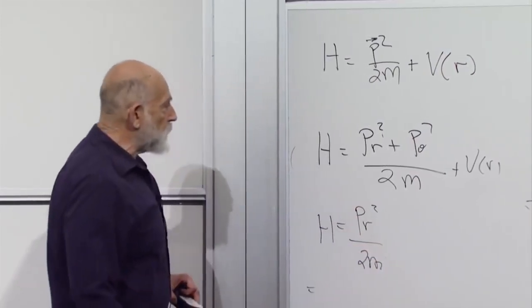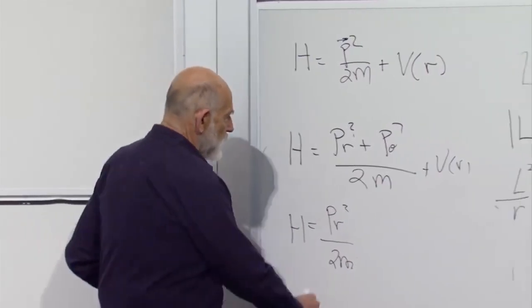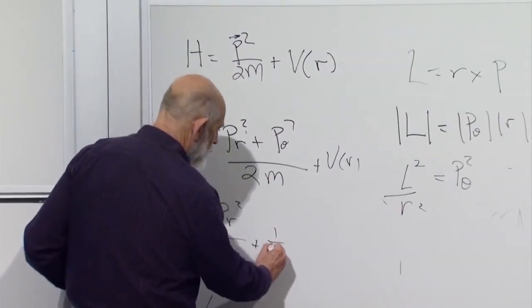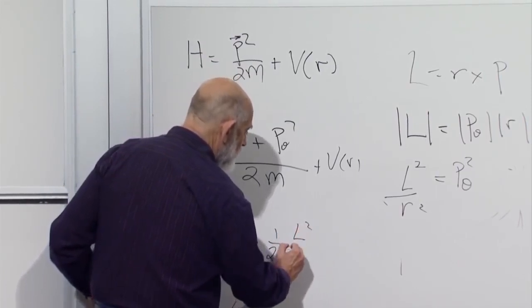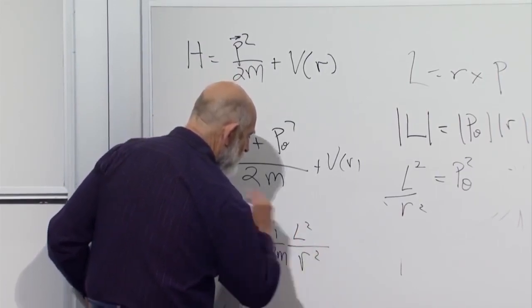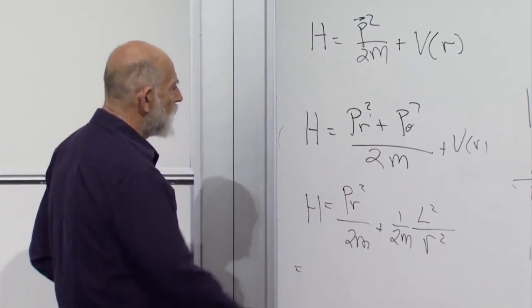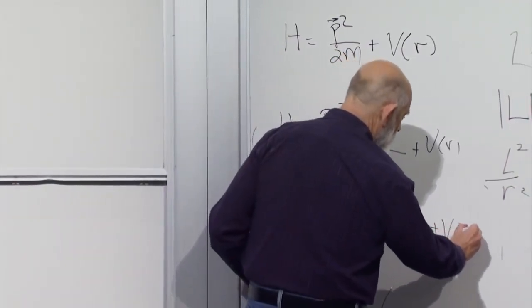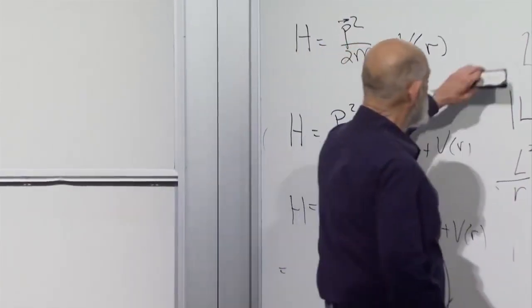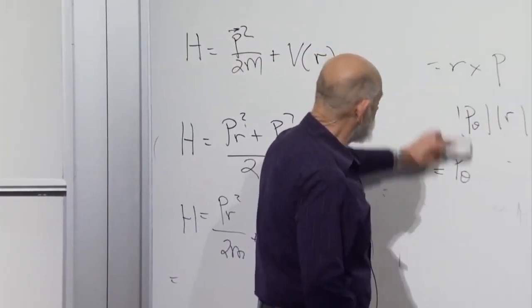Well, what about p theta squared? P theta squared is L squared divided by r squared, plus V of r. Let's erase all of this now.